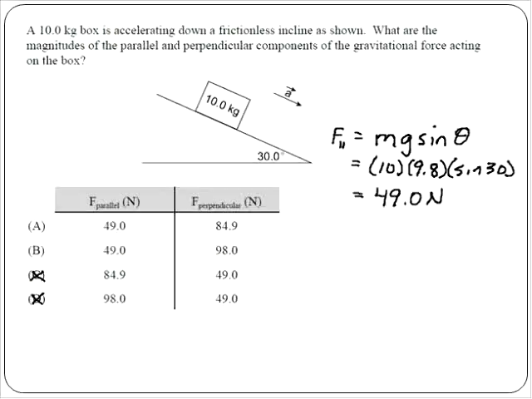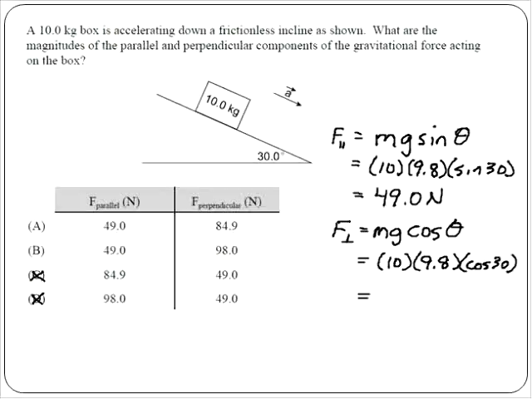In order to find which one is correct, we're going to have to do the perpendicular component as well. And the perpendicular component of gravity is always mg cosine theta. So we plug those numbers in, and the answer we get for that is 84.9.